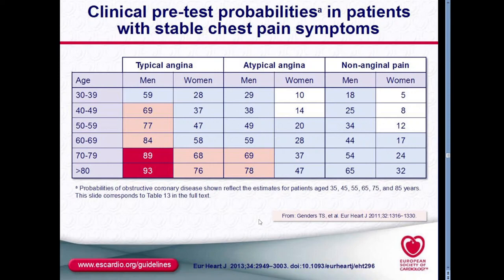Sure, it sounds like some kind of joke, but you see here that in young women, the typical angina is rather infrequent. And if you see some atypical presentations also in women, it is more rare. In non-anginal pain, the probability of real coronary artery disease in women is very, very rare.